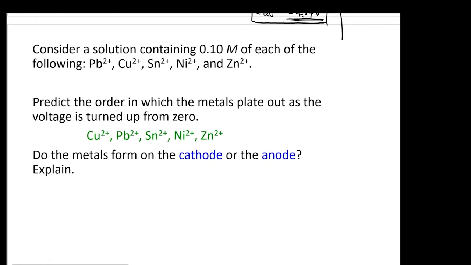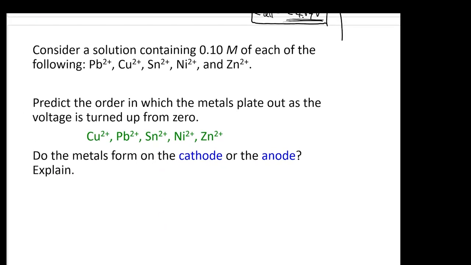Consider a solution containing 0.1 M of all these different species. You have multiple molten cations here. Predict the order in which the metal plates start to form when the voltage starts turning up from 0.